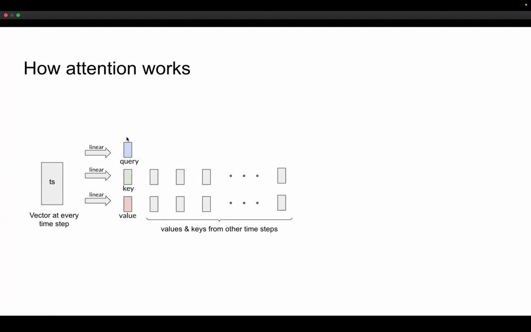Suppose we are still trying to compute the 8th time step, then we will use the query from the 8th time step and compare it with the keys from all the previous time steps. We'll take this query and compare its dot product with the key from the first time step, second time step, and so on all the way to the 8th time step.